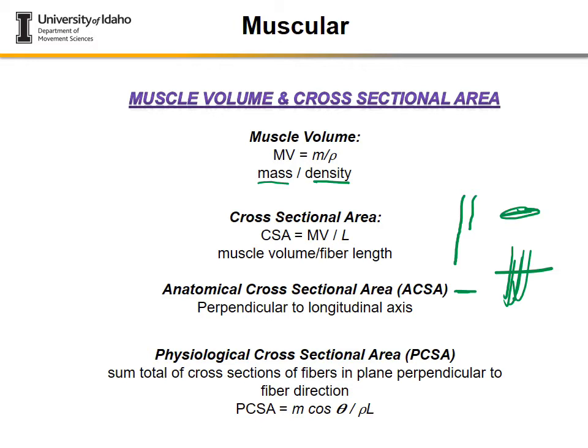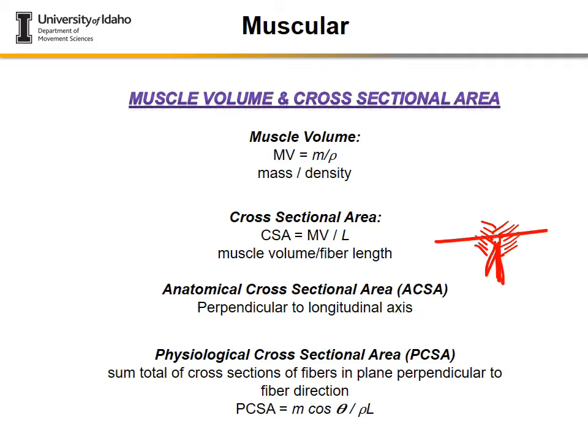So if I go ahead and erase all this real quick, I'm going to draw you an idea of a pennate muscle. If I have a bipennate coming down, with fibers going this way and fibers coming this way to that central tendon, and I cut it this way, that would be the anatomical cross-sectional area to the long axis.